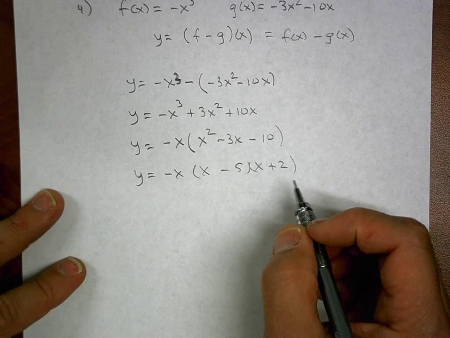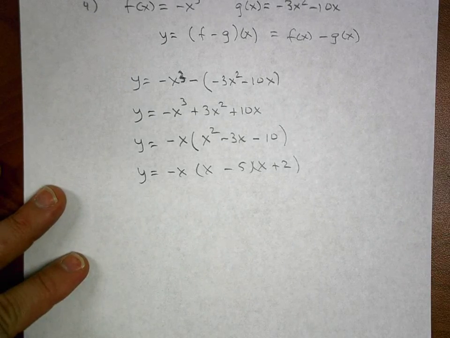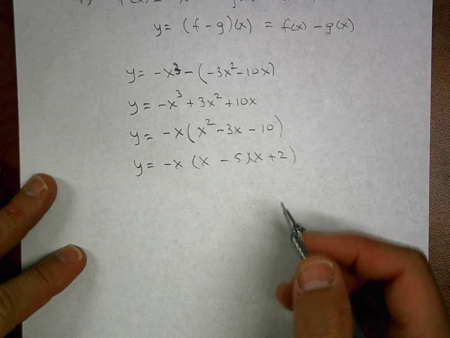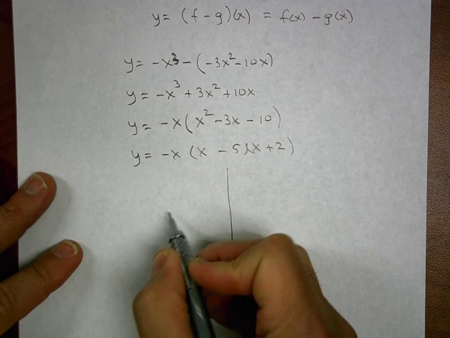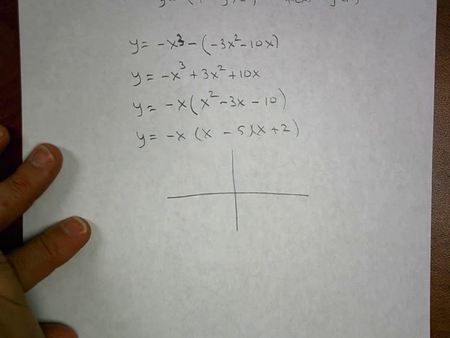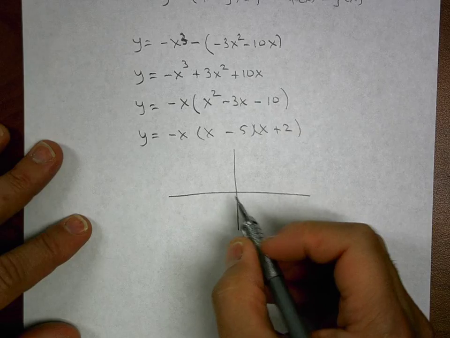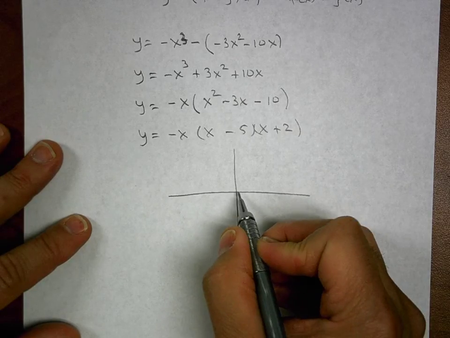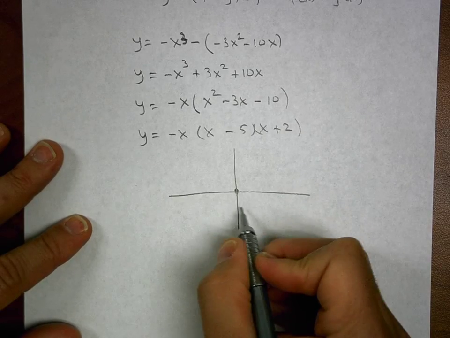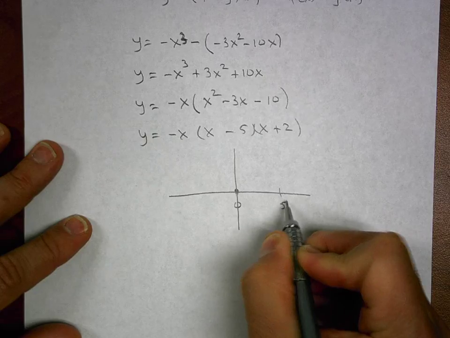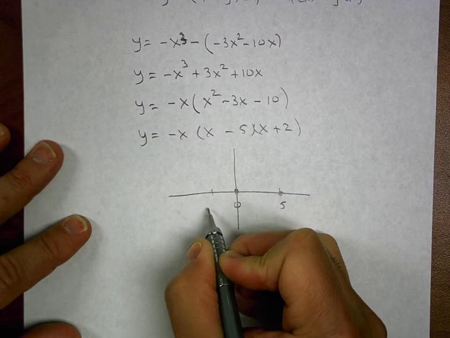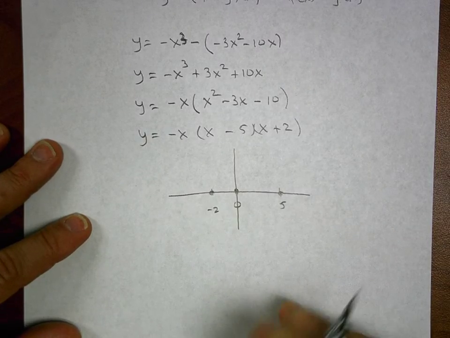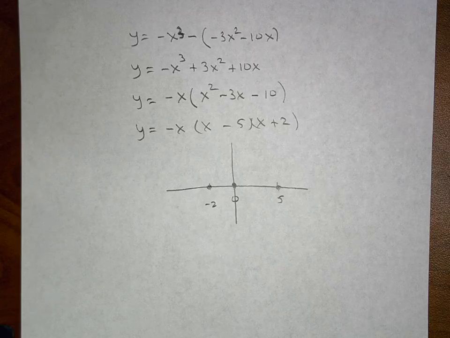Perfect. And this is, as we say, graphable. Graphable, not laughable. Okay, 0 is one of them. 5 and negative 2. There we go. And now we graph it.